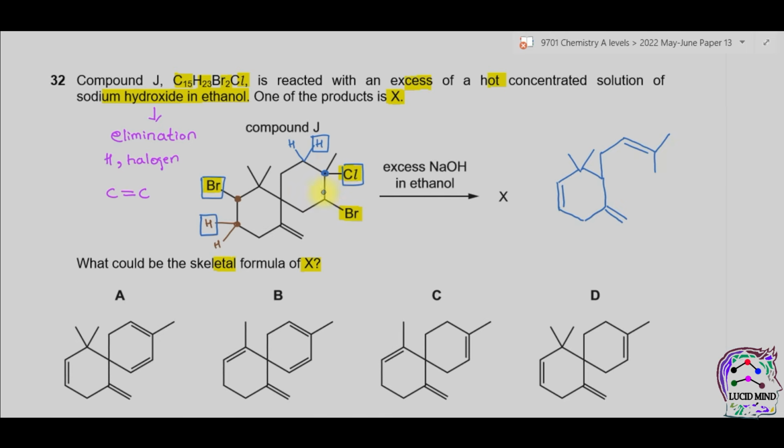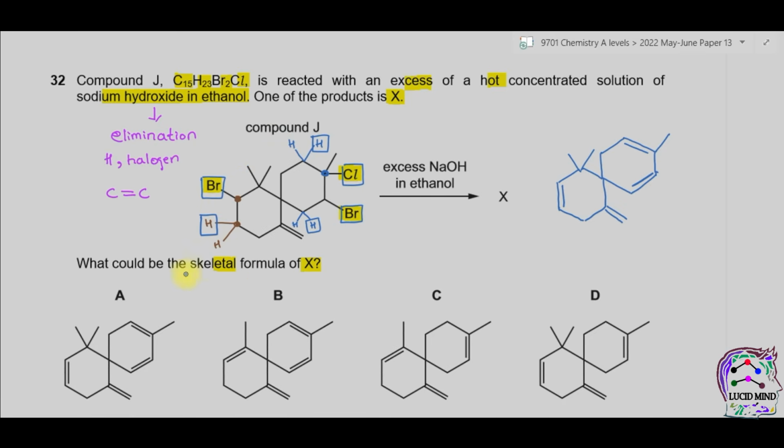Chlorine is lost. Now this bromine, we can see it cannot go with this carbon because this carbon does not have any hydrogen, but this carbon has got two hydrogen atoms. So one hydrogen is lost with one bromine and the double bond will be here. Now we have one double bond over here. So this is the product that is formed after elimination.